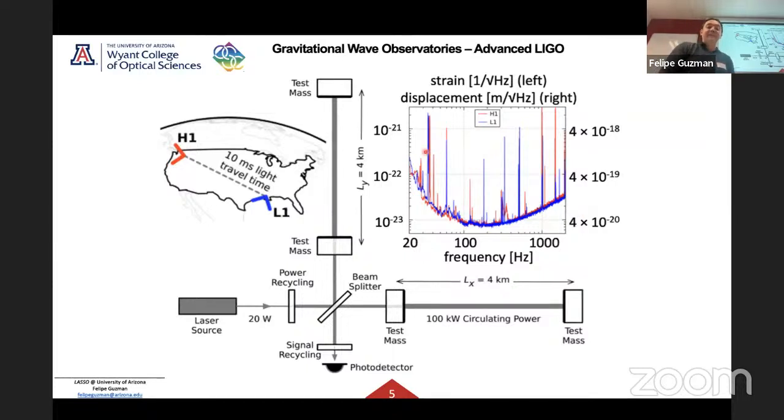And well, we have the one in Louisiana here, the one in Hanford here. I won't go into the details of why we also use resonant Fabry-Perot cavities in the arms and so on. That's just to increase the sensitivity of the instruments. But this is basically how it looks: the trace, the noise floors that have been measured at the actual LIGO sites.